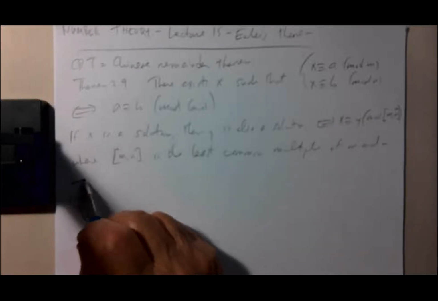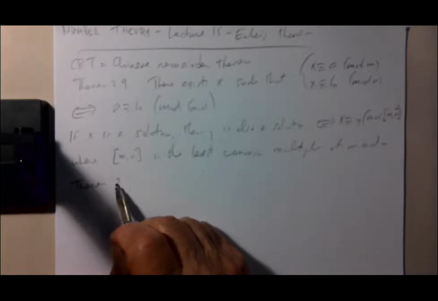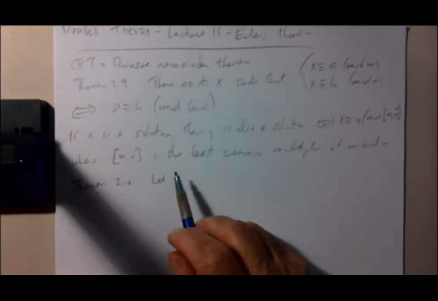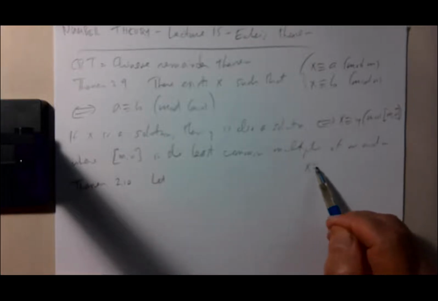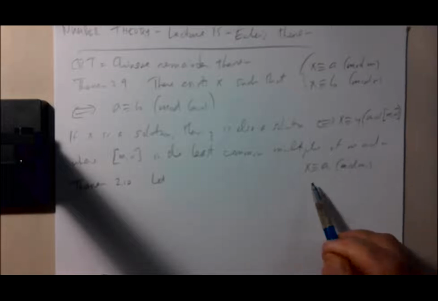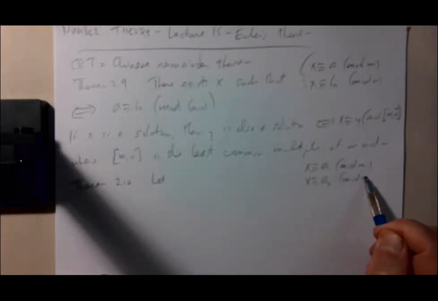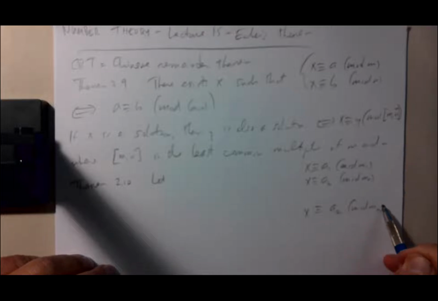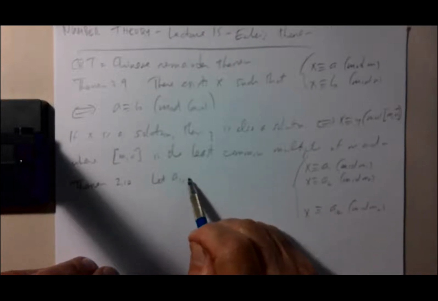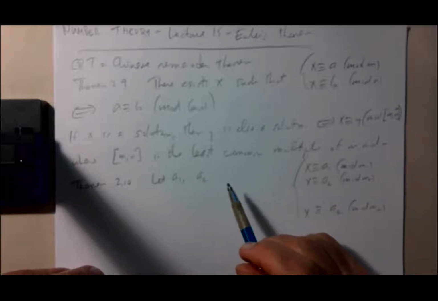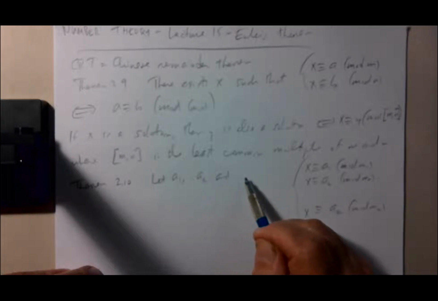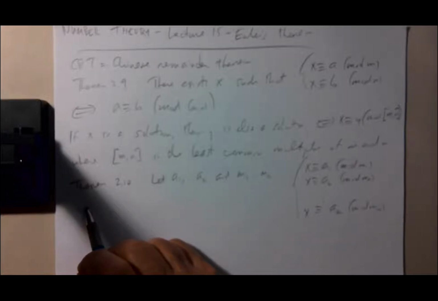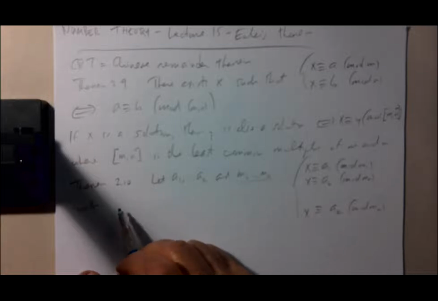In one particularly important special case, that's theorem 2.10, it says the following: if we have k congruences, x congruent to A1 mod M1, x congruent to A2 mod M2, down to x congruent to A sub k mod M sub k, so you have integers A1 up to A sub k, and M1 up to M sub k, where the M sub i's are positive integers, and the moduli are pairwise relatively prime.